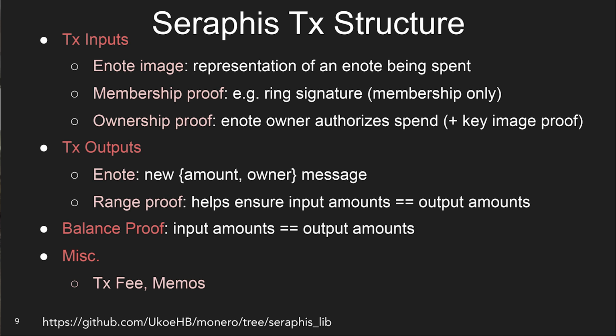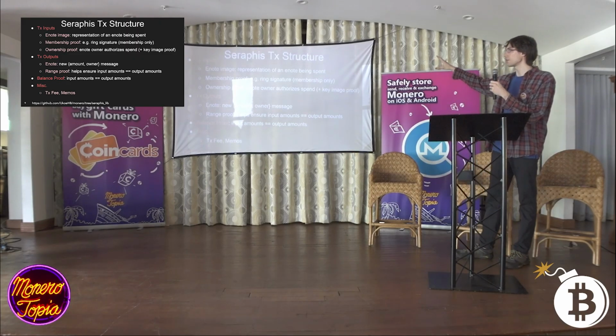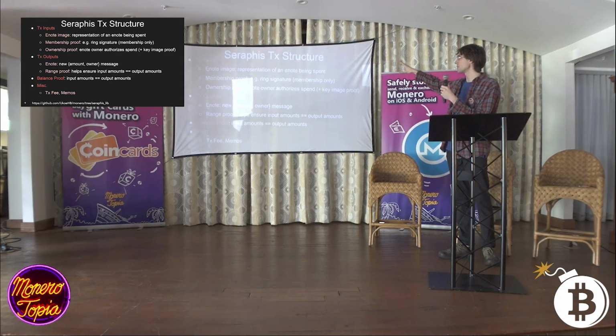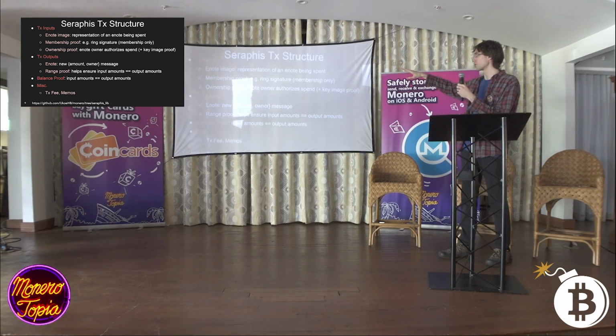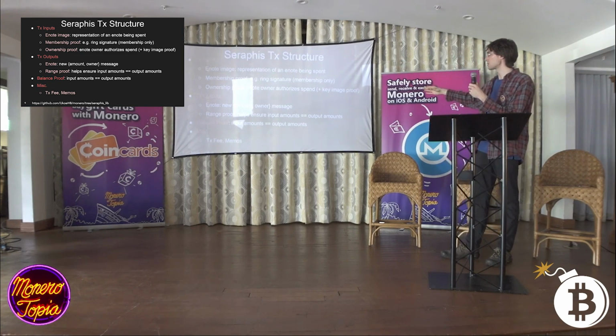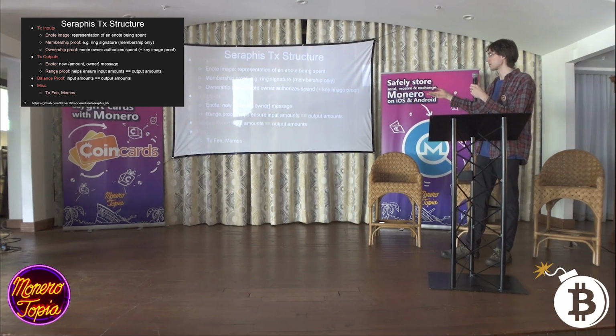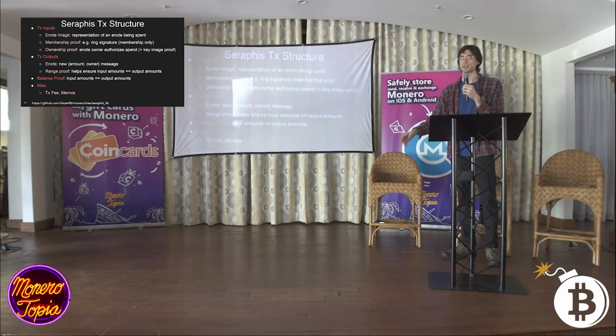And as usual, we also have a balance proof, which shows that input amounts sum to output amounts, and miscellaneous pieces, so transaction fee and memos. So this is everything that's inside a Seraphis transaction. We have the transaction inputs with the images of the e-notes being spent, the membership proof and ownership proof. We have transaction outputs with new owner amount messages and range proofs, balance proofs, and miscellaneous memos.